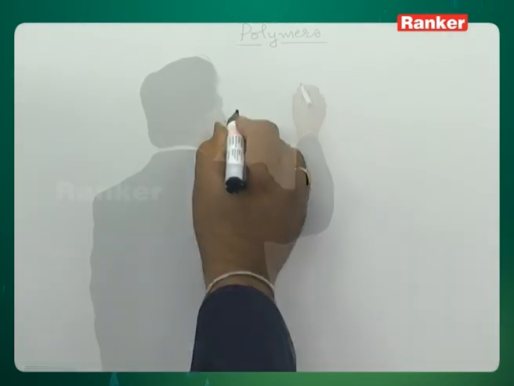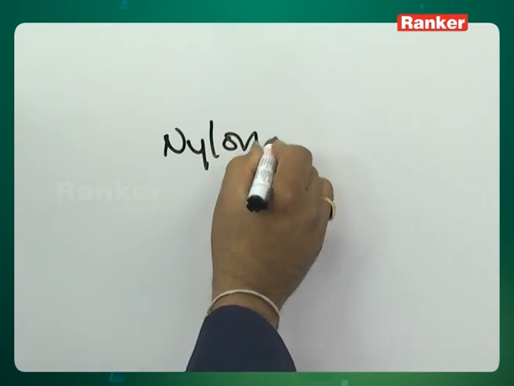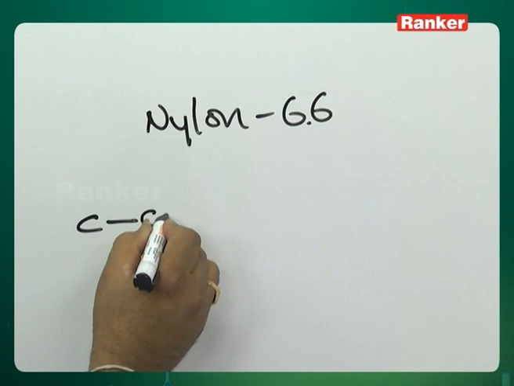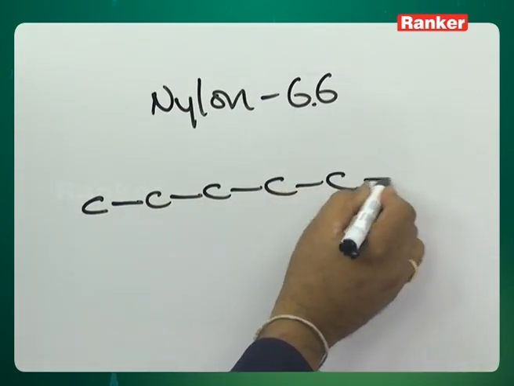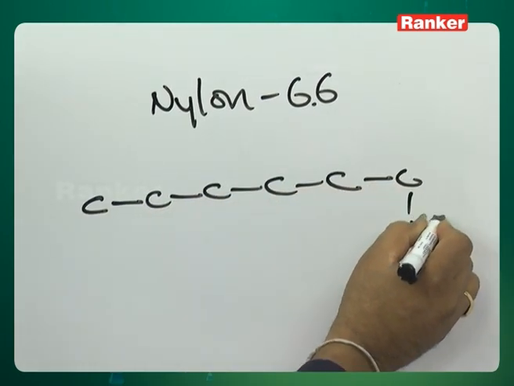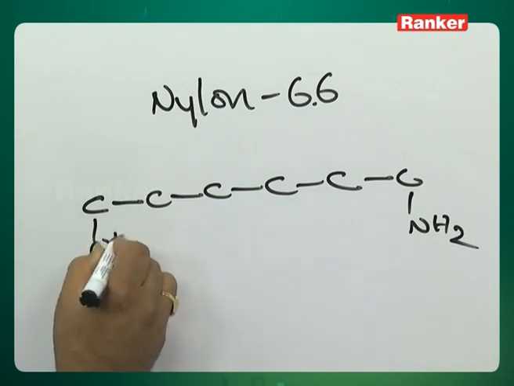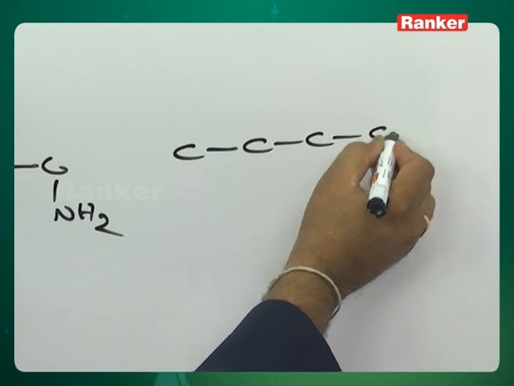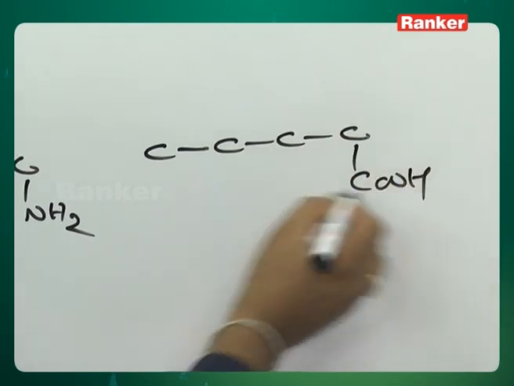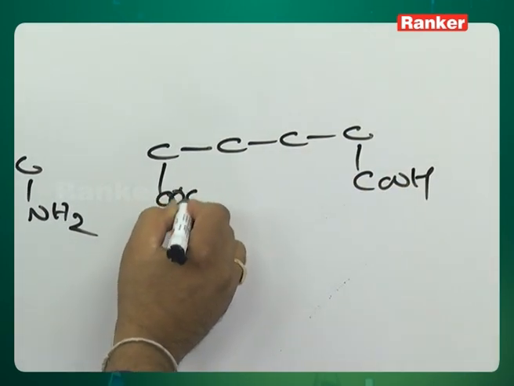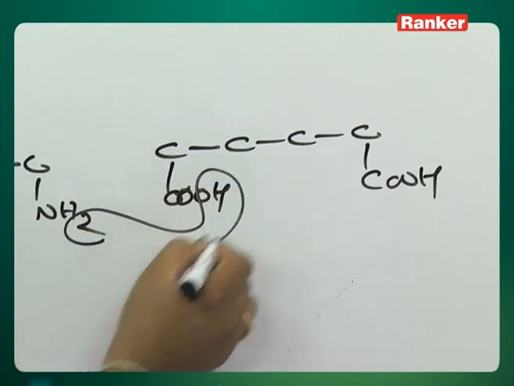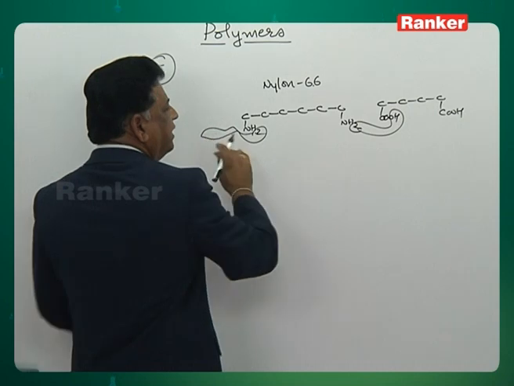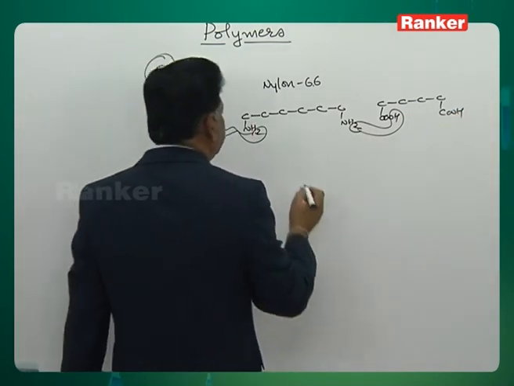Nylon 6,6 means a 6 carbon diamine and a 6 carbon dioic acid. So this H and OH go on reacting, this side and that side, and it goes on becoming a polymer.